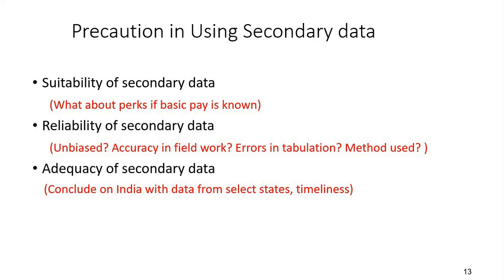And then when you look at the precautions, they look so nasty, so difficult to attain, that you are now thinking probably of going with primary data, because primary data is definitely better in a number of ways, because you know what you are collecting, you know that you were unbiased, you can be sure about the method that should be used for collecting the data by taking opinion of several experts. But what happens in reality?